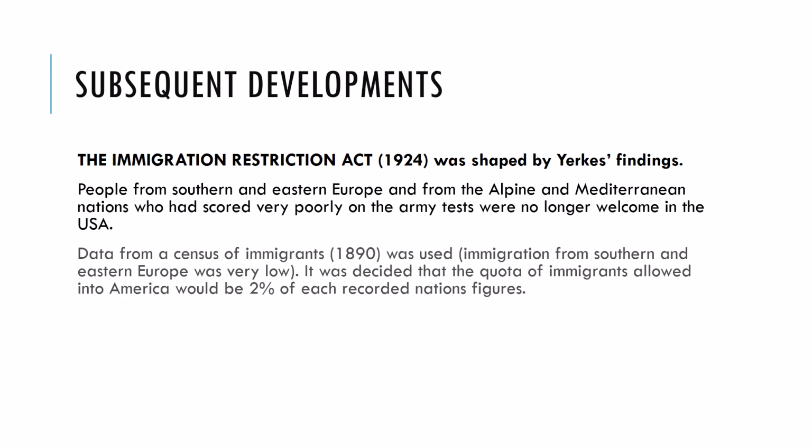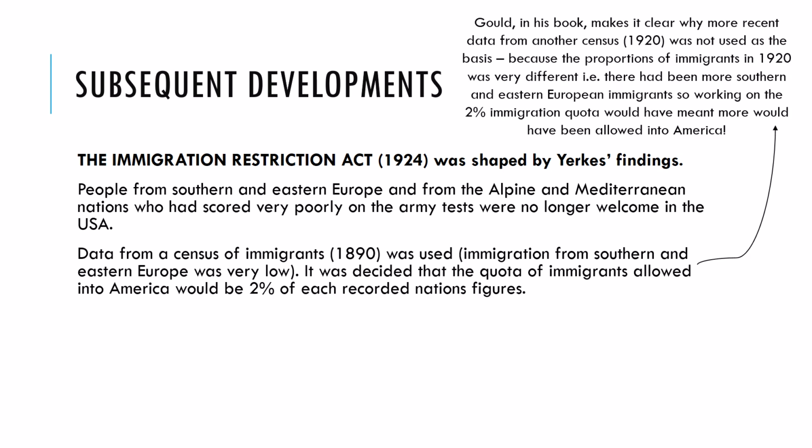Now, in order to implement this, data was taken from a census of immigrants. So you do record who immigrates to your country. So we took this census of immigrants to record numbers of people who had immigrated to our country. Now, that was done in 1890.